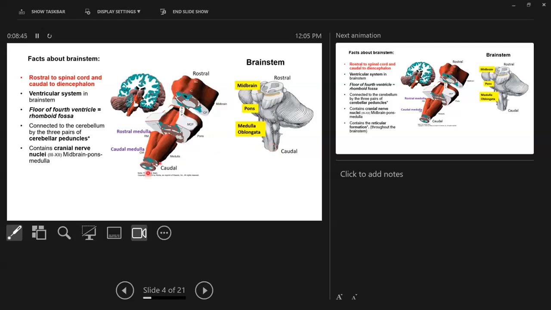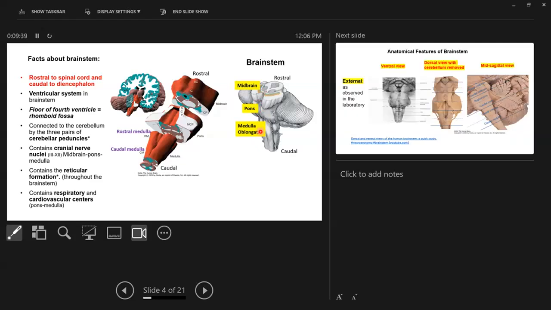So we will only go from 3 to 12 as we travel from midbrain to medulla oblongata, if you will, as if we were climbing rungs of a ladder, going up or perhaps descending.